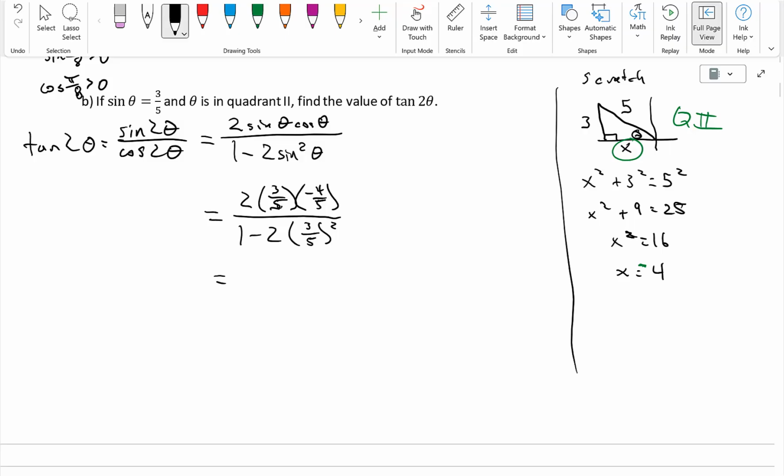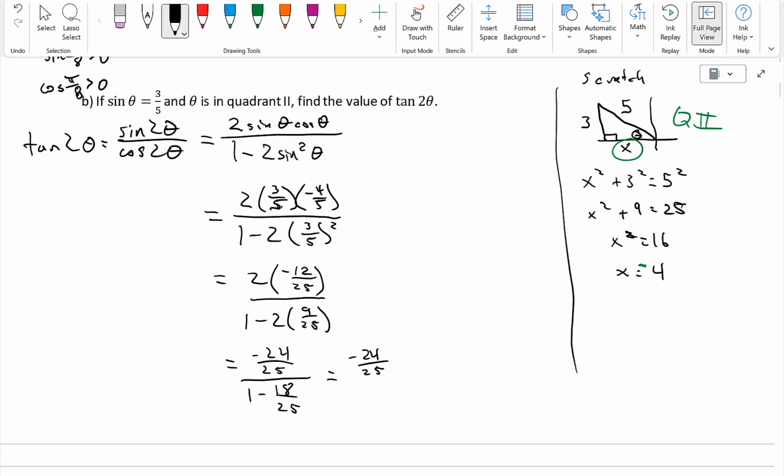We get a 2 times negative 12 over 25 over a 1 minus 2 times 9/25, which is going to give us a negative 24 over 25 divided by 1 minus 18 over 25, which is negative 24 over 25 divided by 7 over 25, because 1 is the same as 25 over 25.